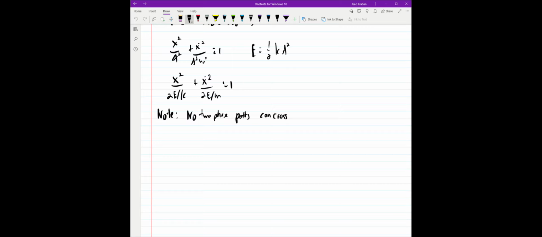Okay, so how do we get these equations? Well, let's go back to our original equation, which is x double dot plus omega naught squared x is equal to 0. That's just d squared x over dt squared, that's what the shorthand means, plus omega naught squared x is equal to 0.